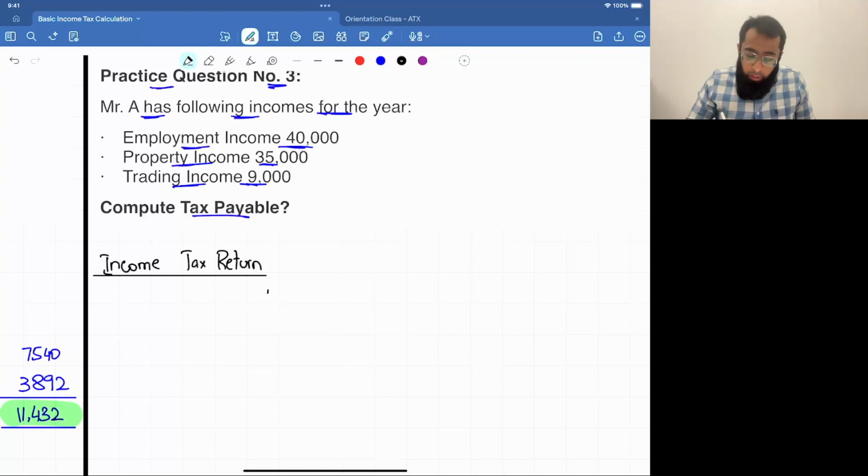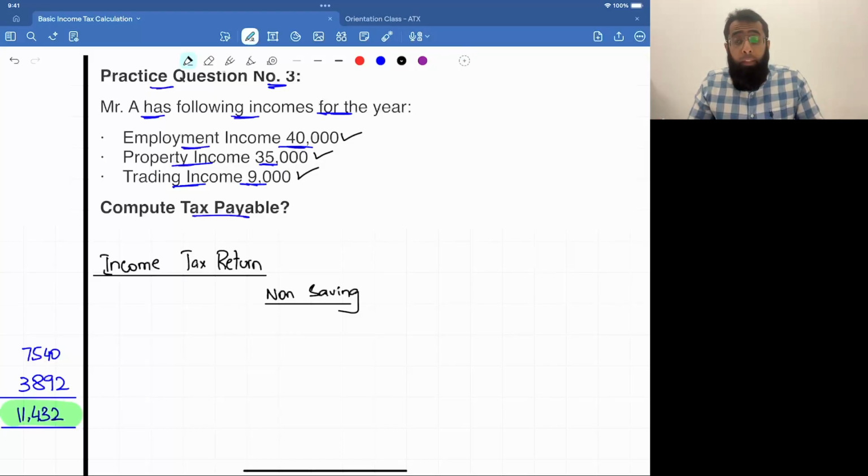All three incomes are non-saving. Sir, how do you know this? Can you see any interest income? Can you see any dividend income? No, so all three are non-saving. Non-saving means normal income, all incomes except interest and dividend.